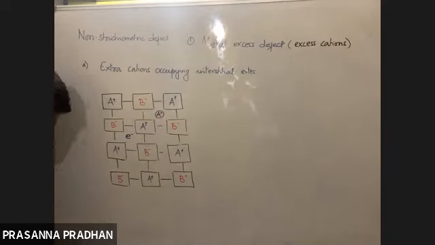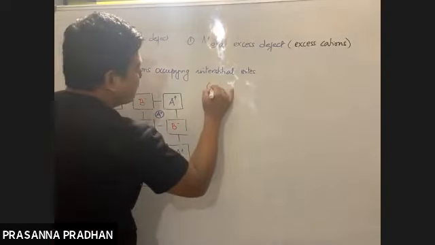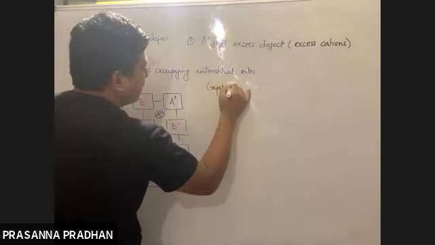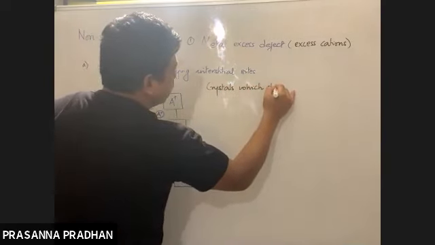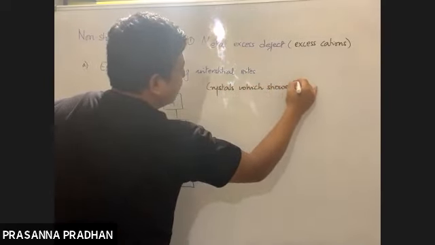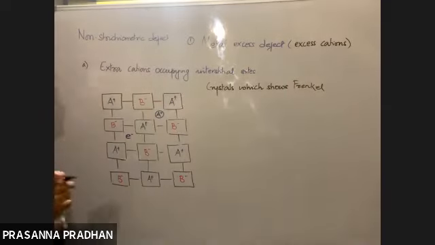So number one चीज यहाँ पर क्या याद कर लेना है? This is shown by crystals which show Frenkel defect, because in Frenkel defect the cations are occupying the interstitial position.